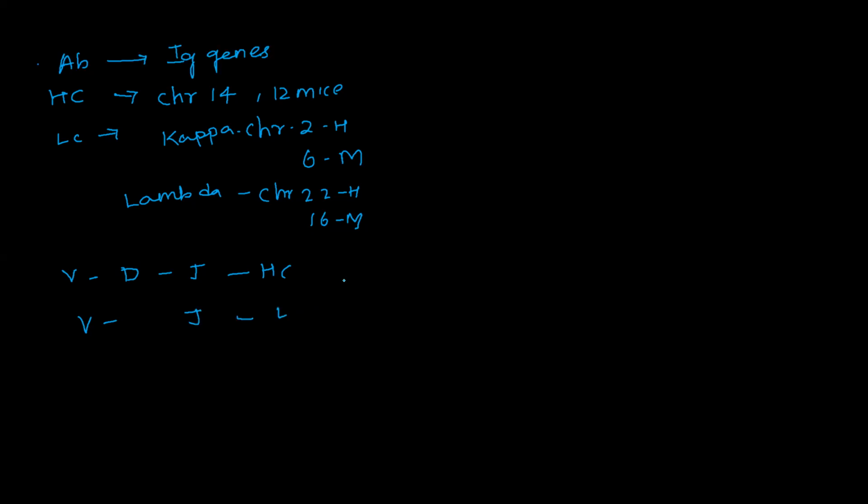Along with this, we have a constant C region present. Now, this constant region in the heavy chain will determine whether the antibody will be IgM, IgG, IgE, IgA, or IgD.